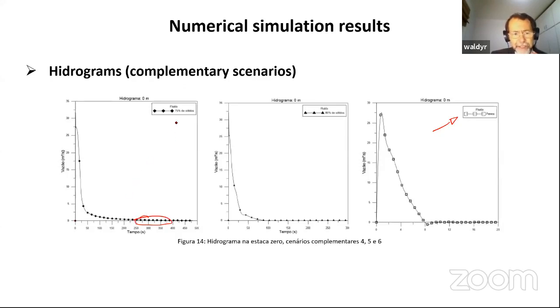As far as the 75%, you can say that if I integrate this area, I have the volume that really was released during the dam break. So the same applies for the 8%, but here you see there's no more material leaving the reservoir after maybe 75 seconds.